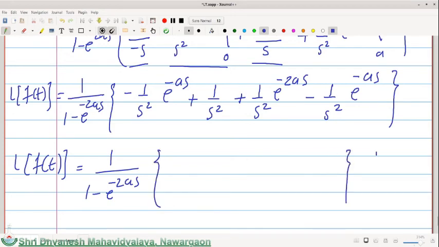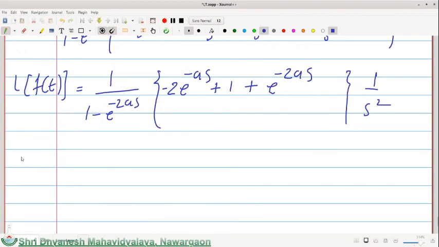We are taking 1 upon s square common, so what remains inside is e to the power minus as and this e to the power minus as, which is 2 times e to the power minus as, minus 2 times, this is taken common, and what about this? This will be plus e to the power minus 2as.